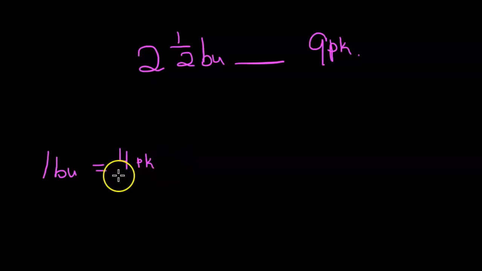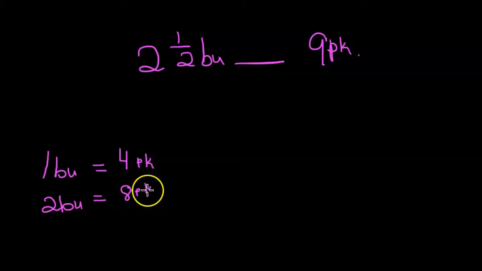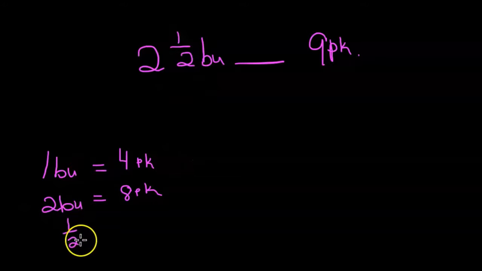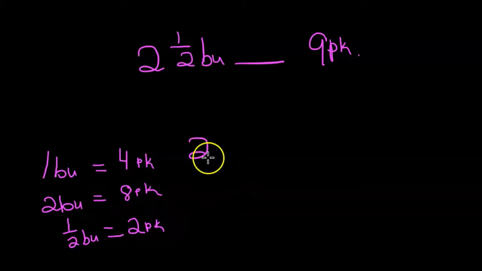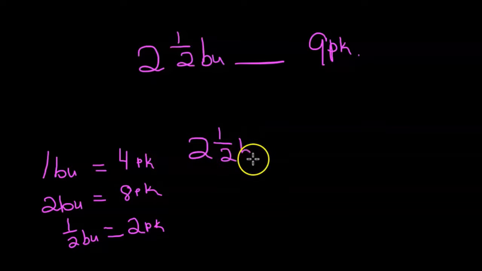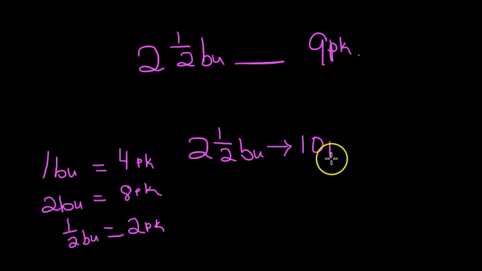Okay, so if I know that, then I can figure out how many 2 bushels equal. 2 bushels would equal 8 pecks. Okay, but now I've got a half, so 1/2 bushel is going to be half of 4, which would be 2.